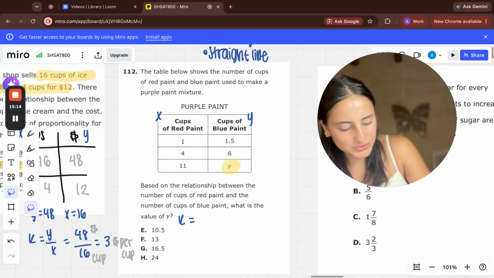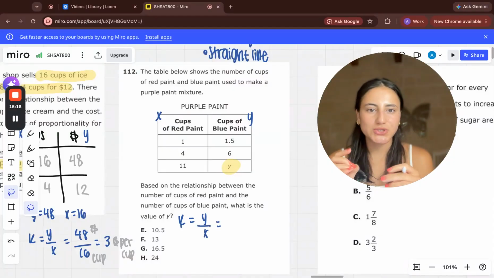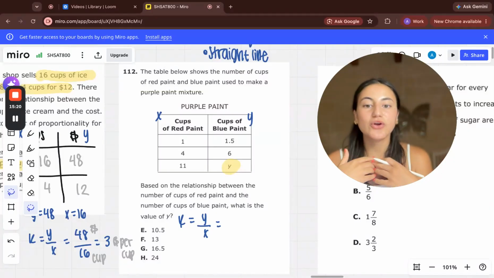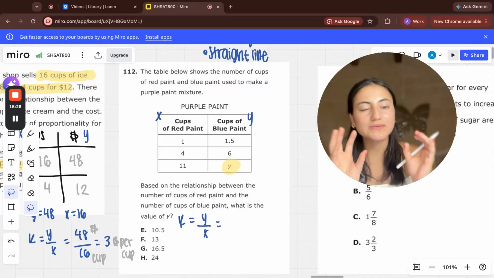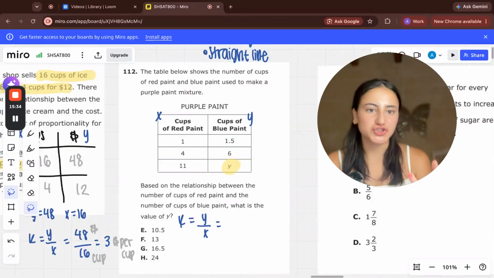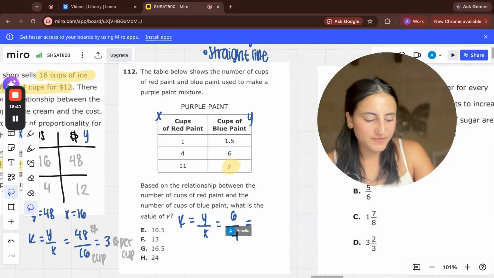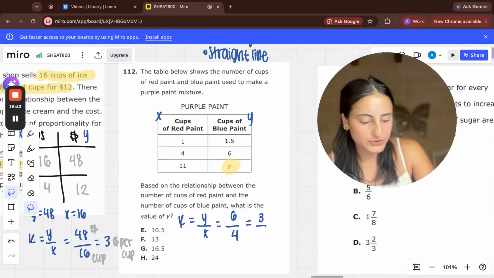So k is equal to y over x. I'll take one of the data points. We don't need to use multiple here because if we are using the same ratio to find y, then it should be proportional. So I'll use 6 over 4, and that simplifies to 3 over 2.